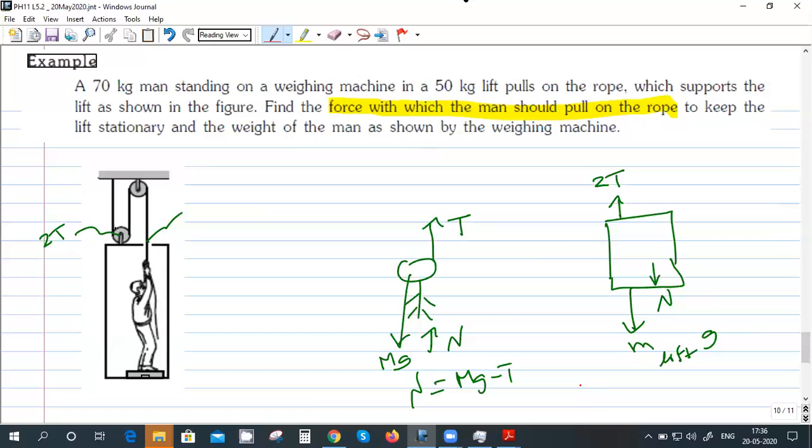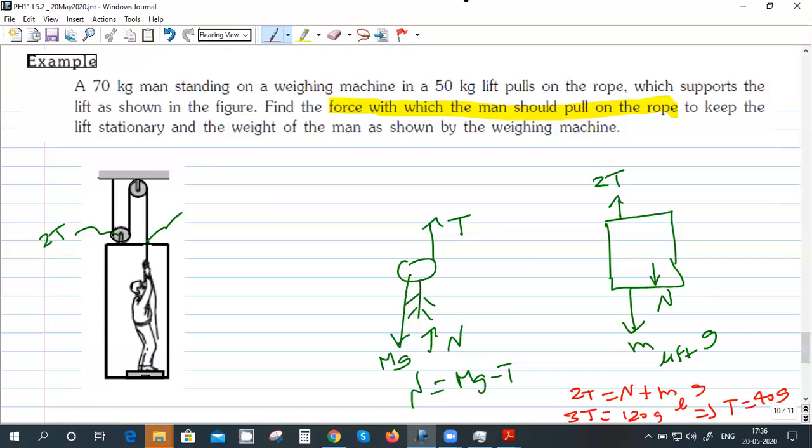So 2T equal to N plus m of the lift into g, right? So normal reaction is mg minus T, where m is the mass of the man. So we'll get 3T as the total mass 120 into g, which implies the tension is 40g.